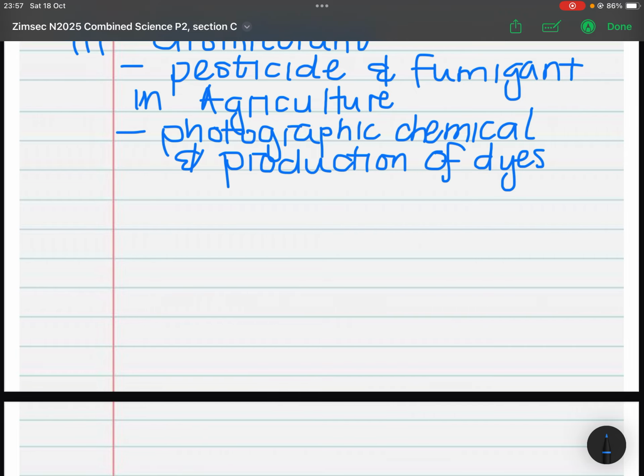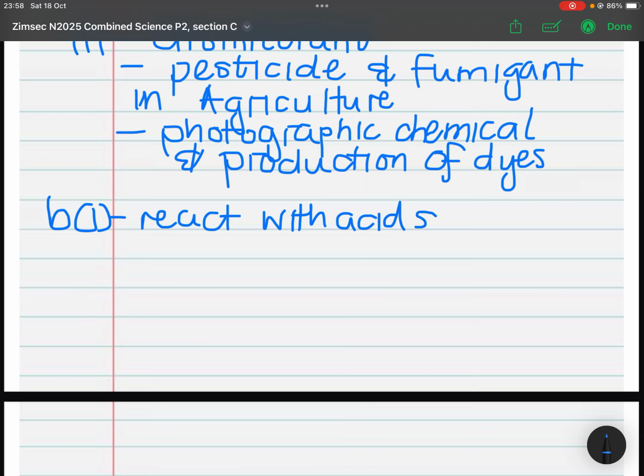The group 2 elements react with acids to form salt and hydrogen. This is one of the chemical properties of group 2 elements.